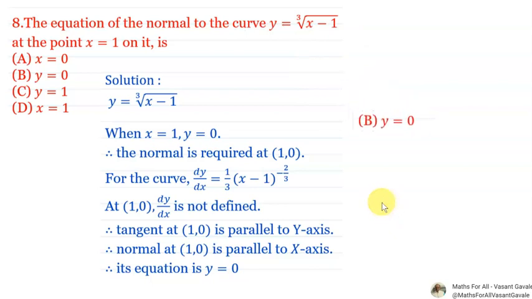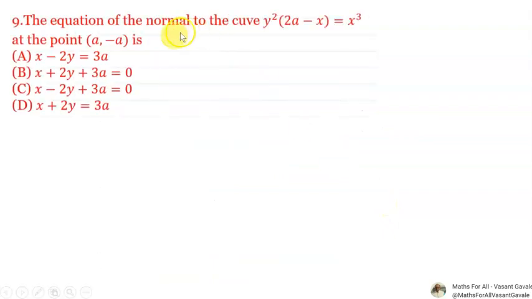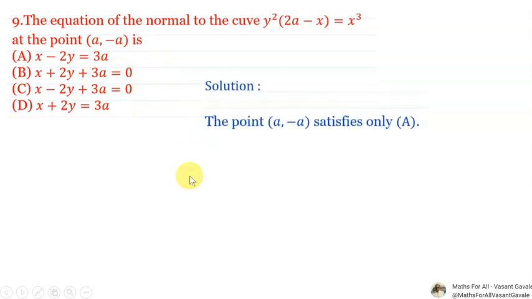Next example. The equation of the normal to the curve y²(2a − x) = x³ at the point (a, −a) is. Okay. Now the point (a, −a) satisfies only the first option. Only that one satisfies. If we substitute x = a and y = −a, then you will get 3a = 3a.